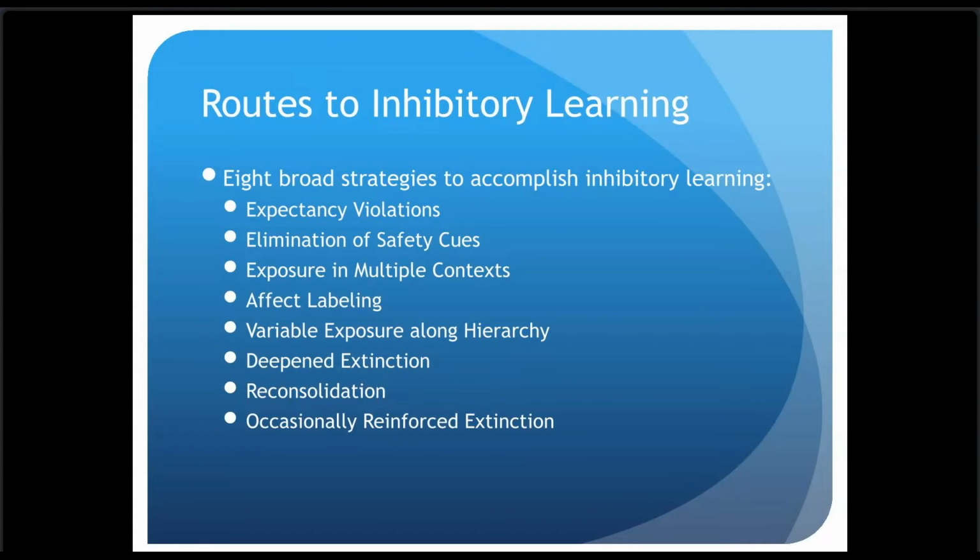There's a concept called affect labeling. There's variable exposure along the hierarchy, deepened extinction, reconsolidation, and occasionally reinforced extinction. So each one of these forms broadly strategies for addressing different aspects of inhibitory learning methodologies.